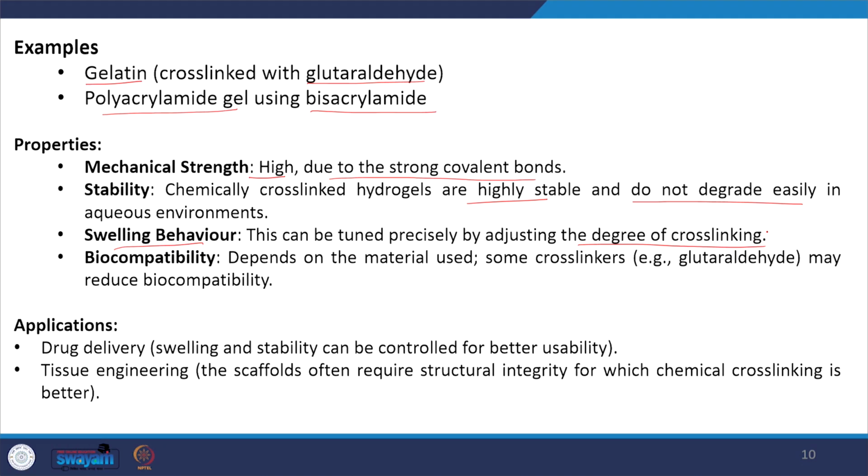We can increase the cross-linking or we can decrease the cross-linking, and the biocompatibility depends on the material used and again it depends on the cross-linker. For example, if you are using glutaraldehyde, it may reduce the biocompatibility, because if you are using a high concentration of glutaraldehyde, it may have some toxic effects.